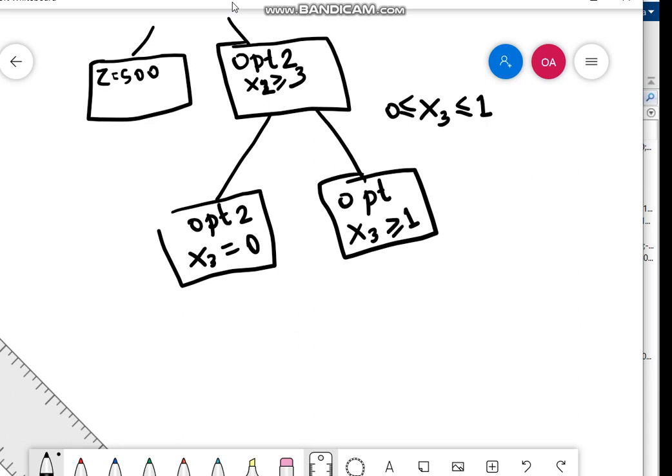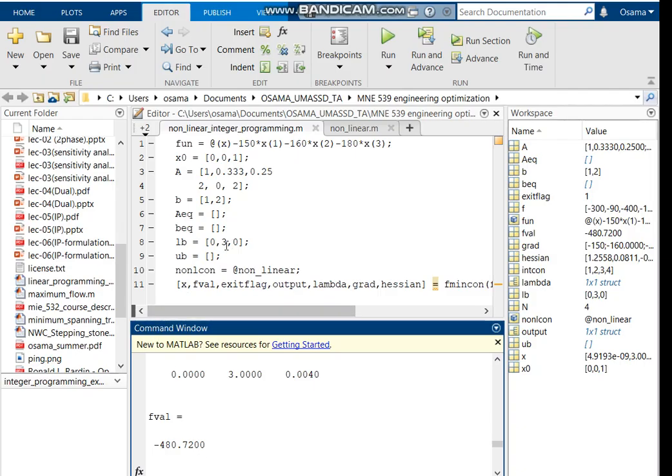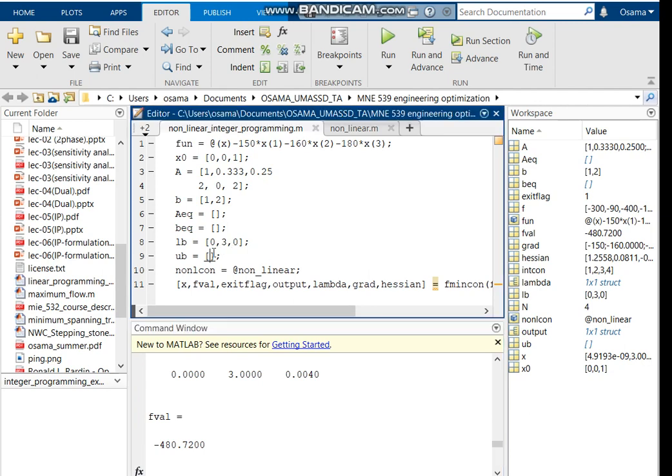So let's solve this problem, then check out the second one. So for x3 right now, the lower bound and the upper bound are 0. For x3's upper bound you can give it any large number, then here 0, then run it again.